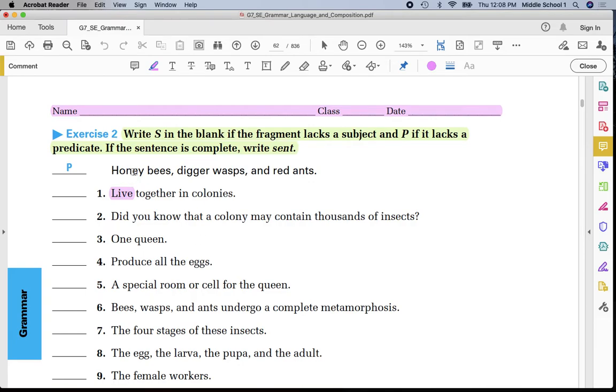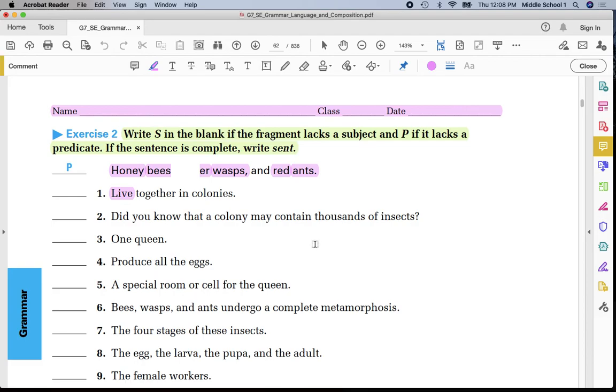Example, honeybees, digger wasps, and red ants. Those are all subjects. What's missing? P, predicate. P stands for these groups of words don't have a predicate.